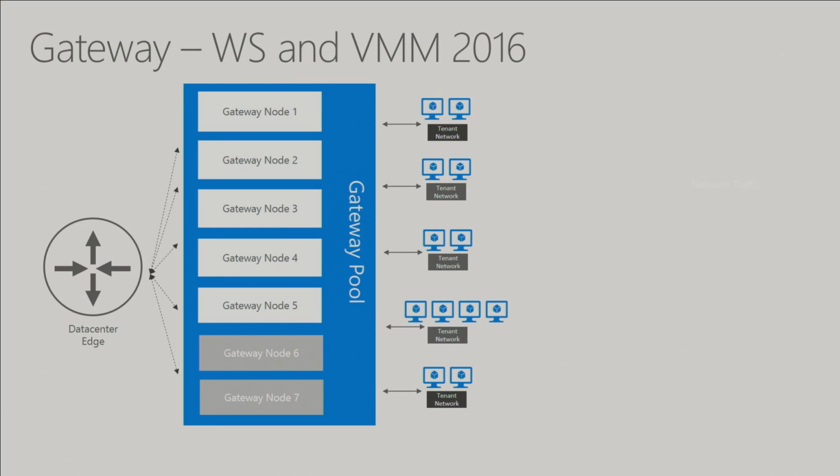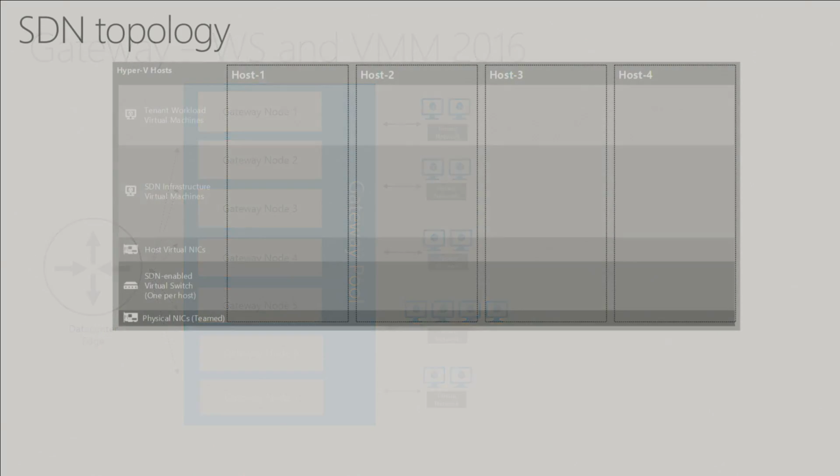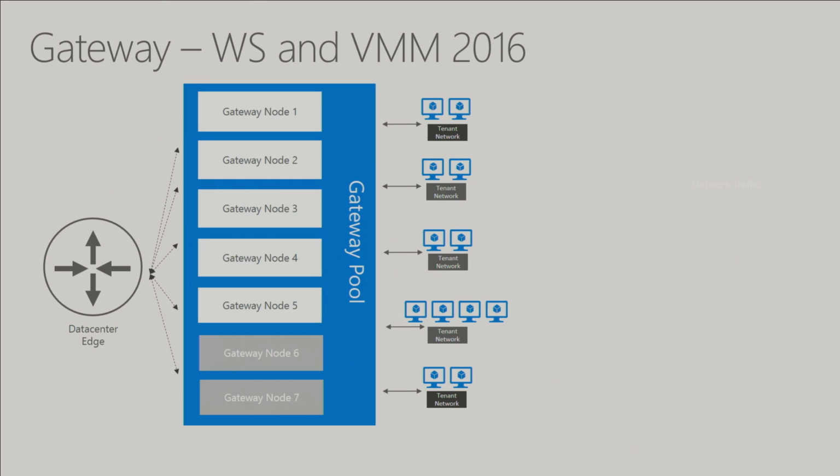In 2016, these are pool-based gateways. So you have a single pool, and in this case, 5 active members of the pool and 2 in standby. So even if 2 go down, you are still fine. And with fewer VMs, you are able to achieve higher availability. So this is all the functionality which is provided by Windows Server 2016.